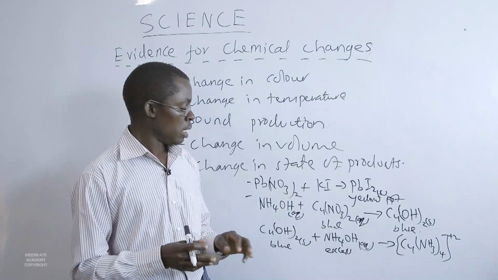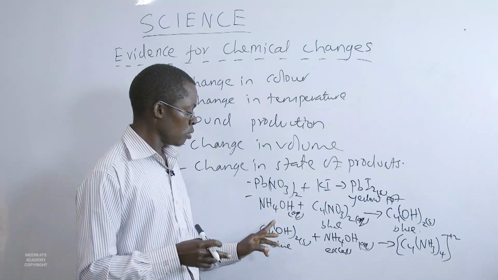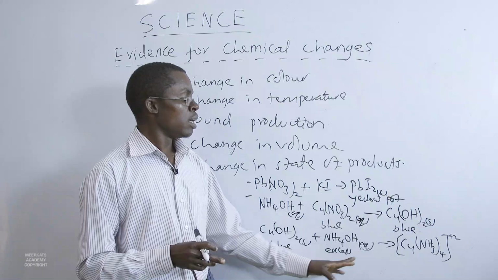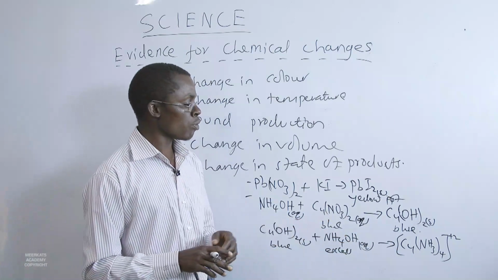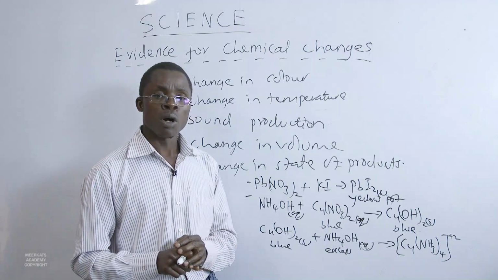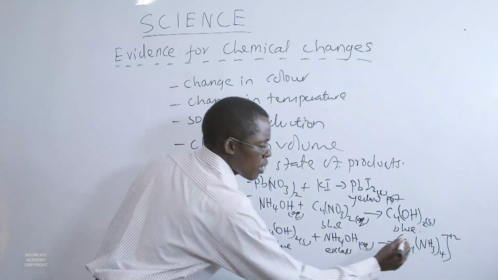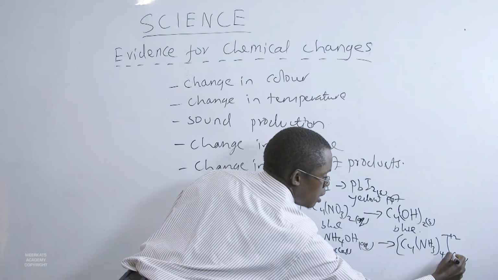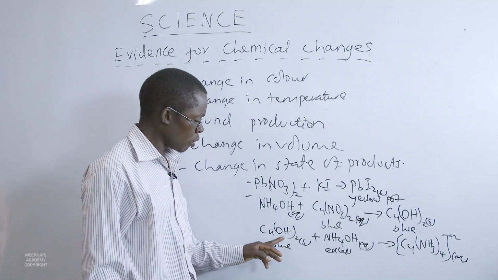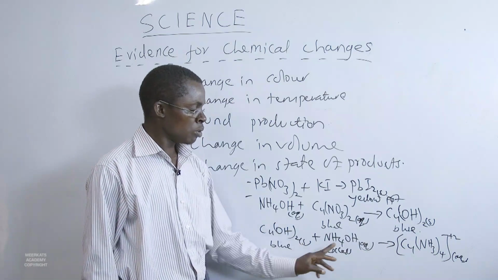I've now explained. The solid, which is a precipitate, blue copper 2 hydroxide, on reacting with excess ammonium hydroxide, forms a complex ion, which is a tetraamine copper 2 ion. This will also change, as being an ion it is a solution. So what are you seeing? You are seeing change in state from solid to liquid.